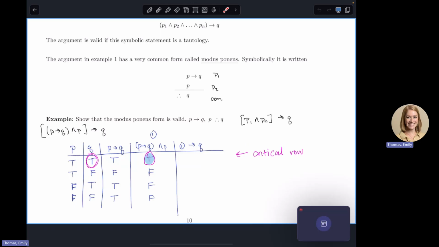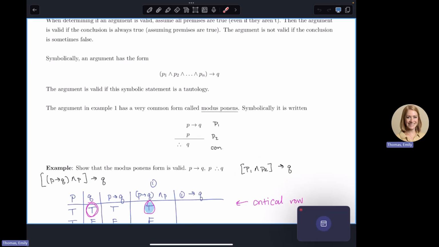Okay, so let's talk through that again before we move on to page 11. So, for an argument, the form of the argument, you do premise 1 and premise 2 and however many premises there are, until the conclusion.